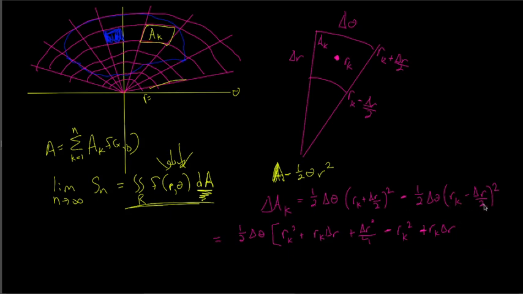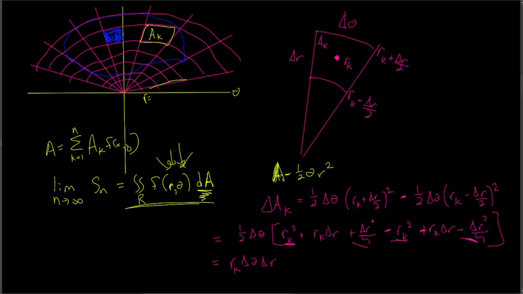So I'm distributing my negative sign, minus delta r squared over 4. So the rk squared and the rk squared will get rid of each other. The delta r squared over 4 and the delta r squared over 4 get rid of each other. And then I have 2 rk times delta r. So all said and done, this is going to give me rk times delta theta times delta r.